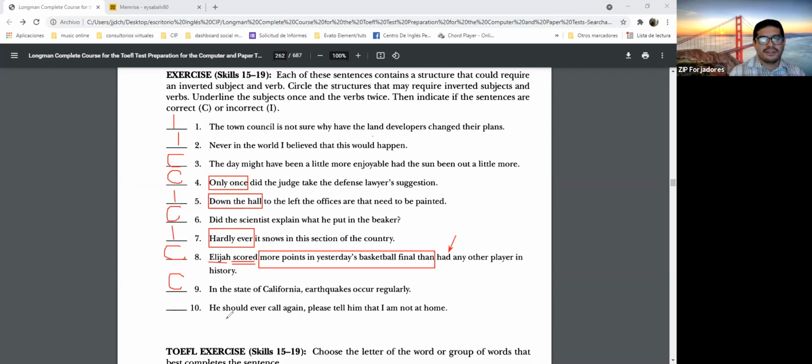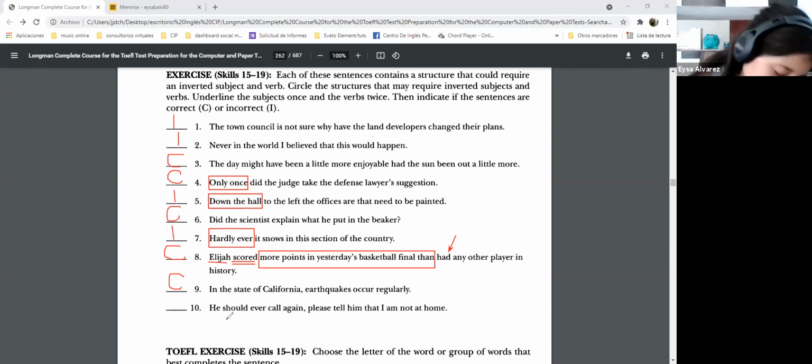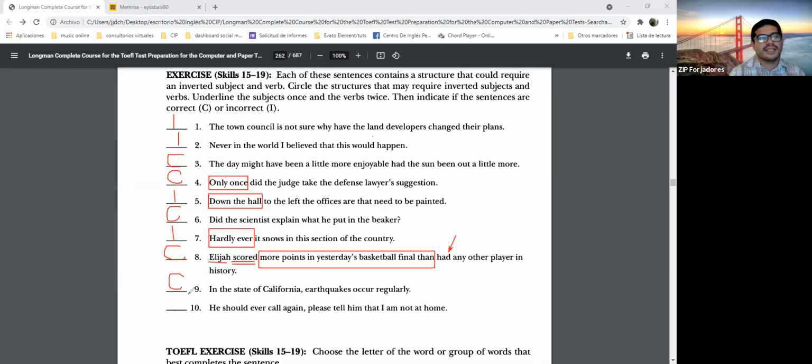Remember, we have seen another sentence with the "not". We don't invert the "not". The "not" is after the subject, because it's just the subject and the verb. In this case, the auxiliary "should". So it's just "should". Okay, should he ever call again? Very good, excellent.